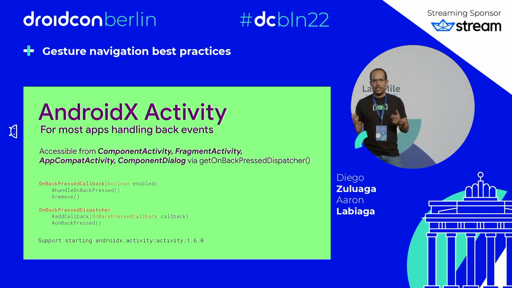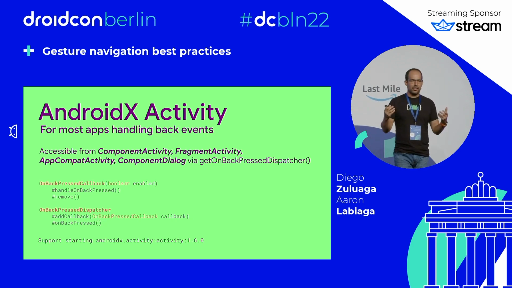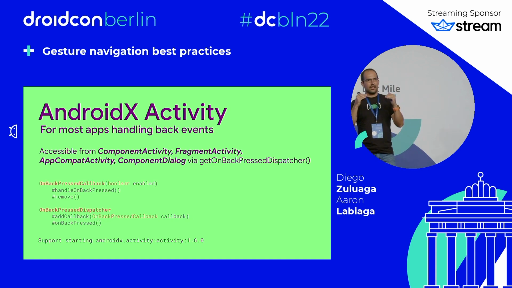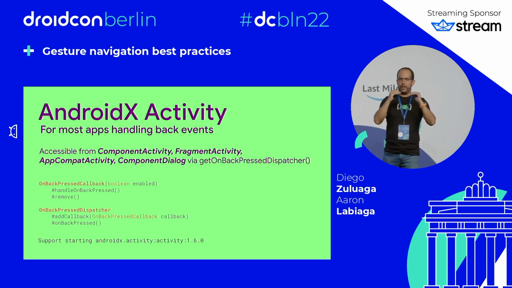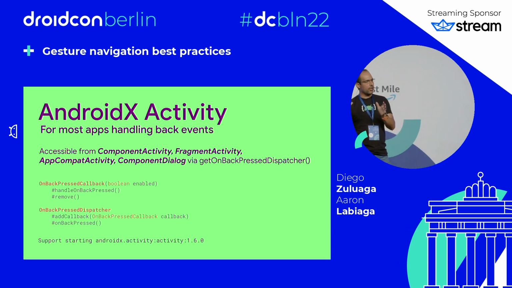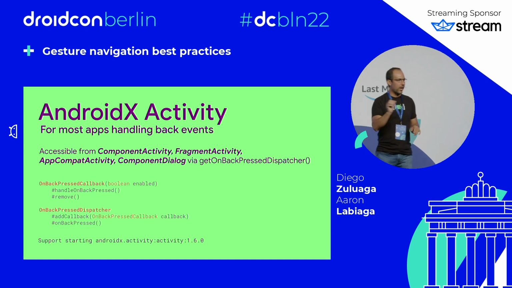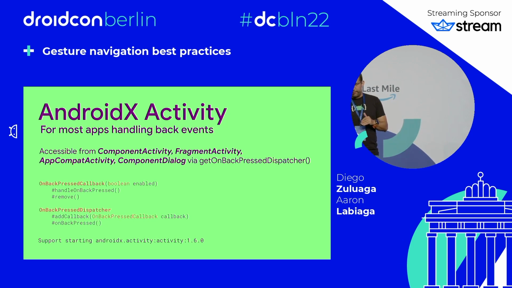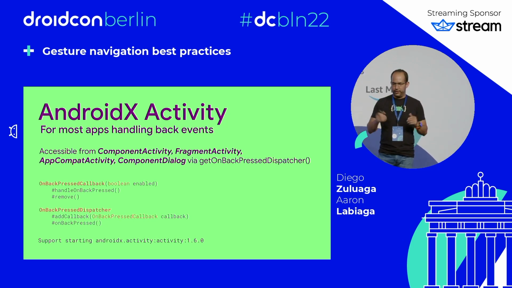That means that if you create a callback enabled, automatically, when you register it with the dispatcher, you are intercepting that gesture navigation. So you are taking over and telling the system, hey, if the user swipes left or right, I'm taking control, right? And you implement the handleOnBackPressed method to implement the code that you need.